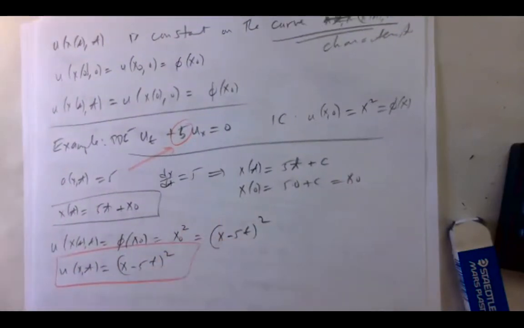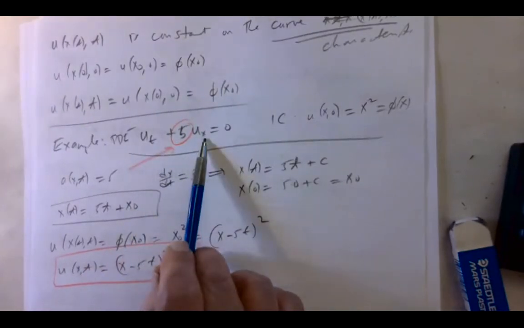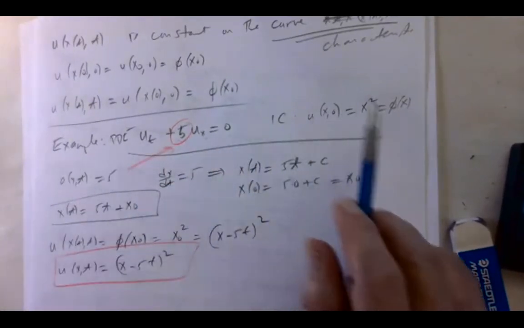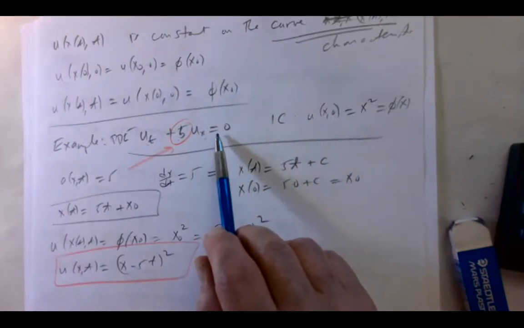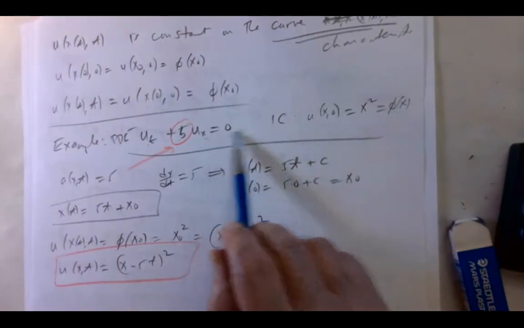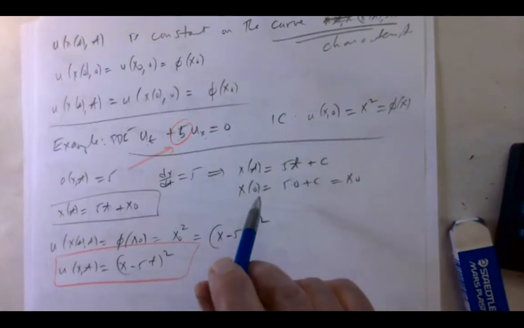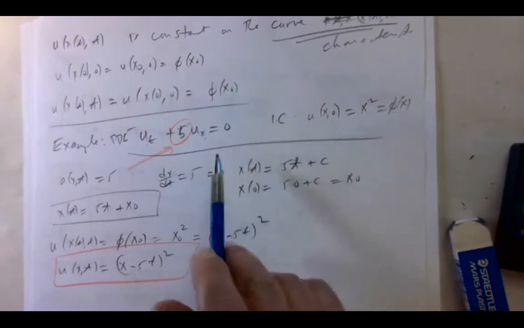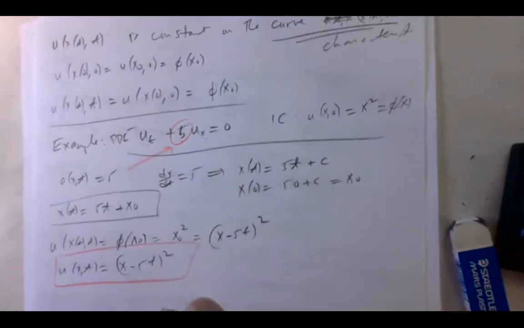Okay. All right, so let me just review. So here's this first order differential equation, u_t plus 5u_x is 0. And my initial condition is that at time t equals 0, u of x,0 is x squared. So this function a of x,t is equal to 5.